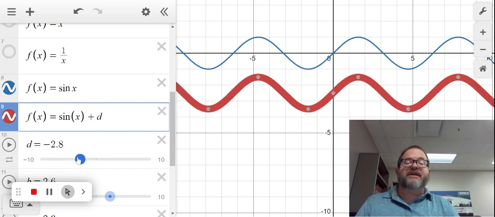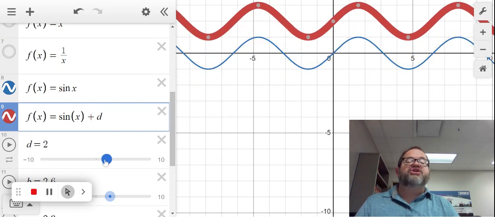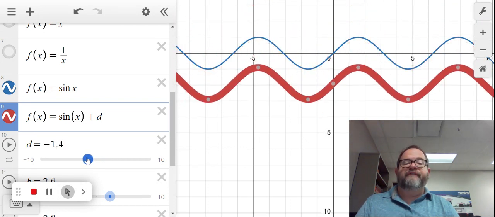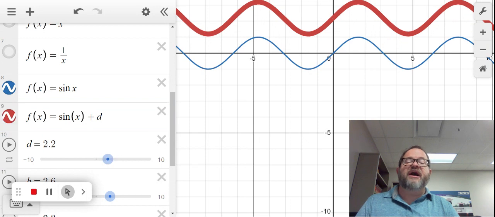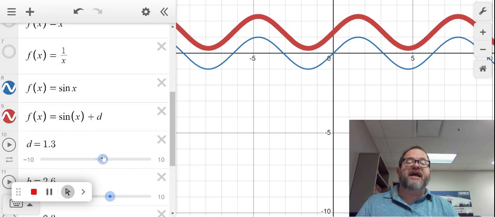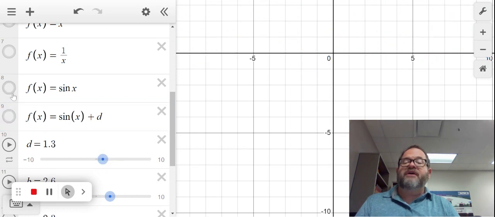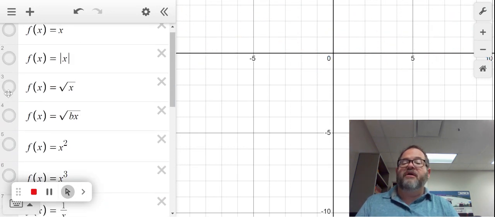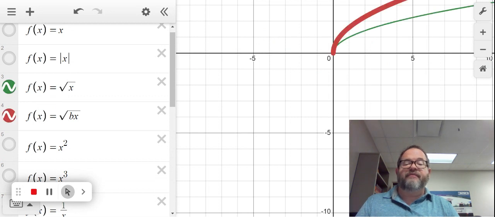Adding or subtracting a value here shifts the function vertically, if it's done after or outside of the function itself. Here's my parent function. If I add a number d afterward, it either shifts it up or shifts it down. Now this is easier to see for some of these other guys we got over here.